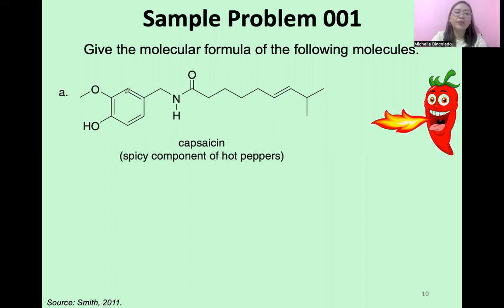So let's start. This is already 1 carbon. This is actually, guys, CH3. Okay? And then, of course, benzene ring. So that's 6. So meron na tayong 7 carbons. This is 8, 9, 10, 11, 12, 13, 14, 15, 16, 17, 18. So this is C18.